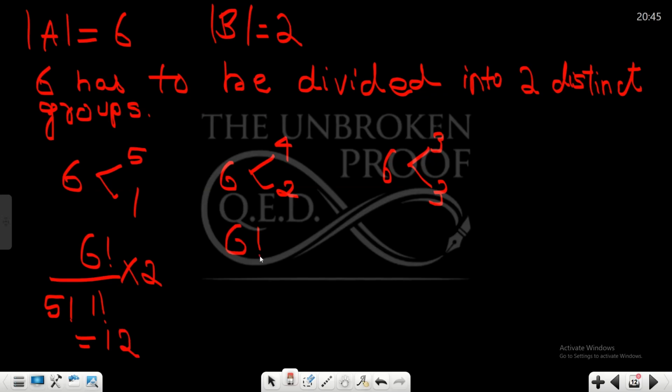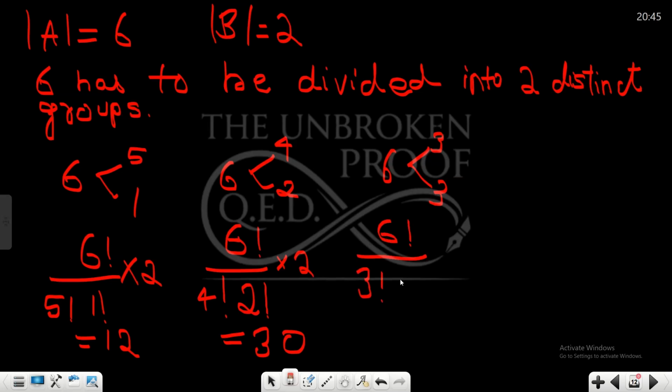Now if you do the same thing here, you get 6 factorial by 4 factorial, 2 factorial into 2, and 6 factorial by 4 factorial is 30, and 30 by 2 into 2 is again 30. For the last case, 6 factorial by 3 factorial and another 3 factorial, multiplying by 2 is not required, because the reverse is the same thing. 6 factorial by 3 factorial is 6 into 5 into 4, 120, and 120 by 6 is 20.